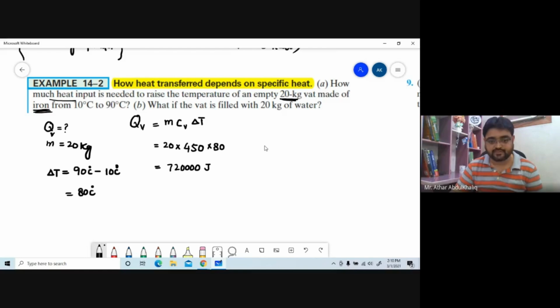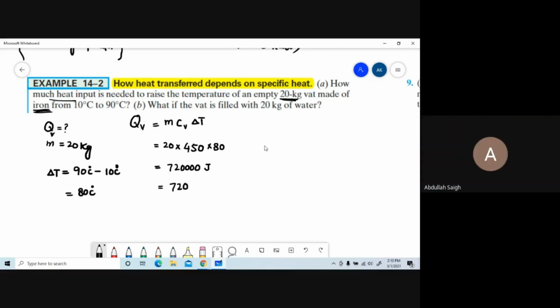This is joule. If you divide it by 1000, it will become kilojoule. So how much kilojoule? Wait. 720,000 divided by 1,000.